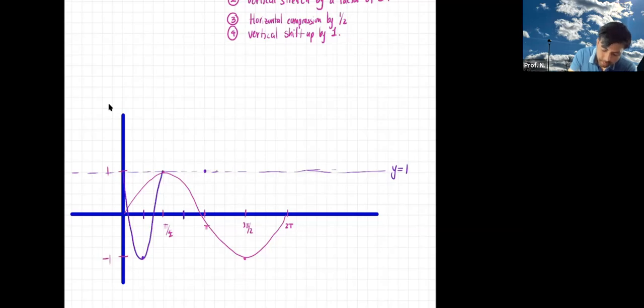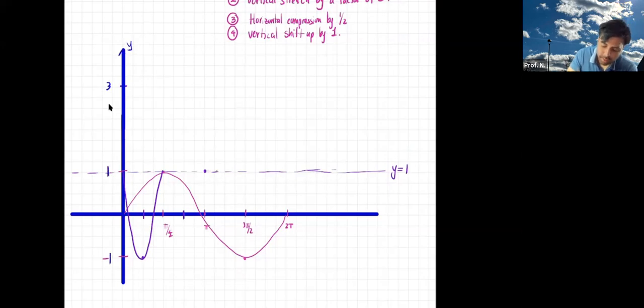Then I'm going to have 1, 2, 3, 4, 5, 6, 7, 8. This would have to be the other point here. So the graphing part of this is not that straightforward all the time. This would be 3, because this is 1, this is -1. So now my amplitude is 2, right?